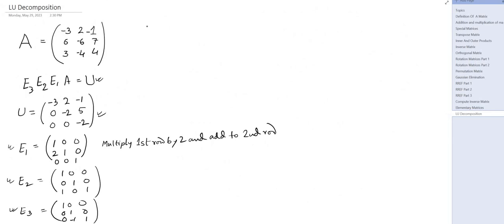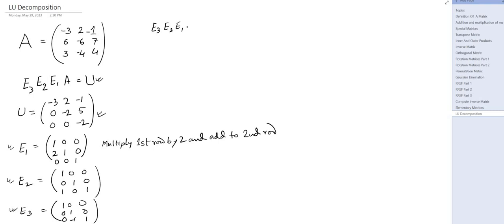Mathematically, if you multiply with the inverse of E3, you'll get I, which gives the same result. So what does it mean? What will happen if we do the same operation here? Let me write it down one more time.